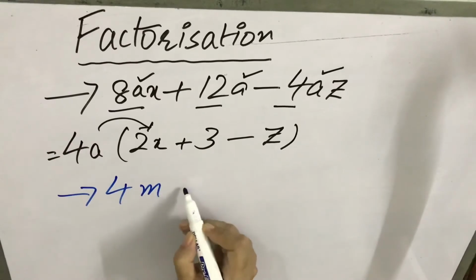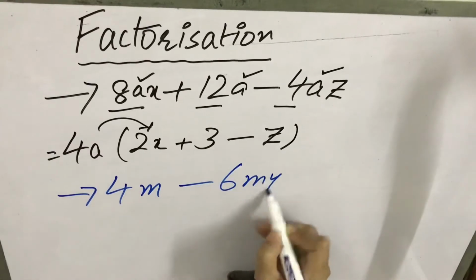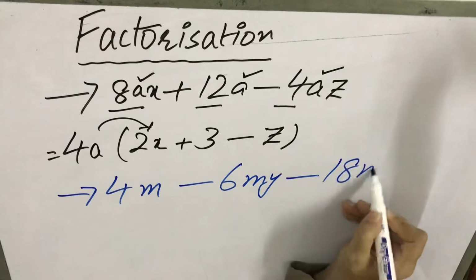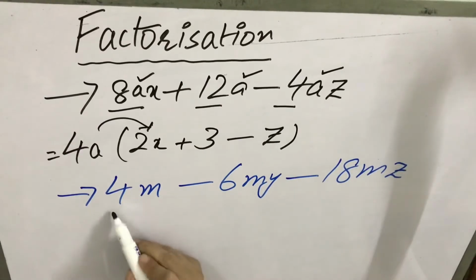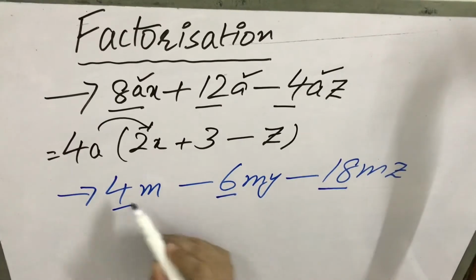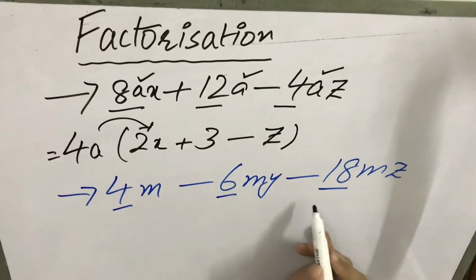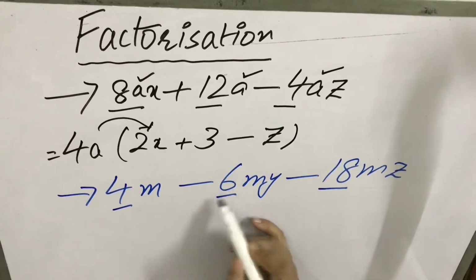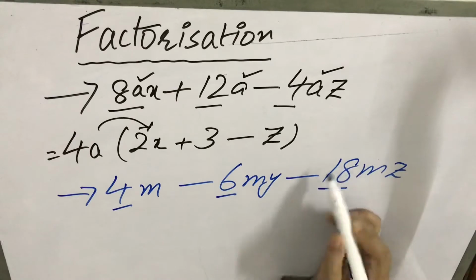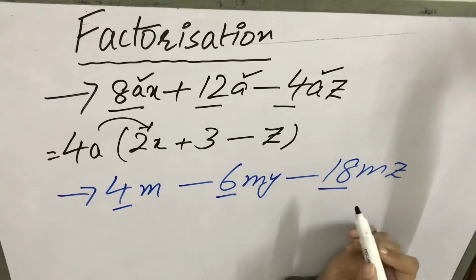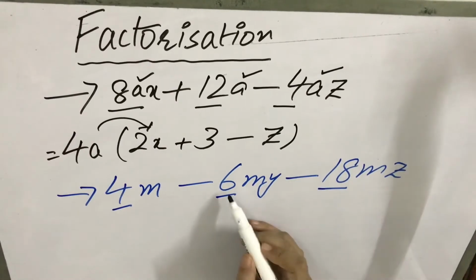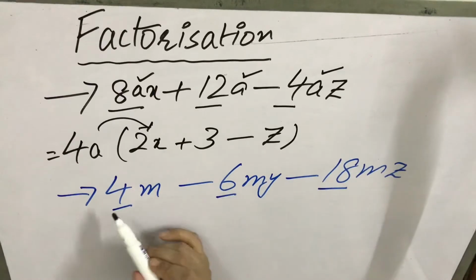Next question, 4m minus 6my minus 18mz. All three are even, but maximum common is 2, not 4, as 6 is not in the table of 4, 18 is not in the table of 4. Similarly, 18 is in the table of 6, but 18 is not in the table of 4.